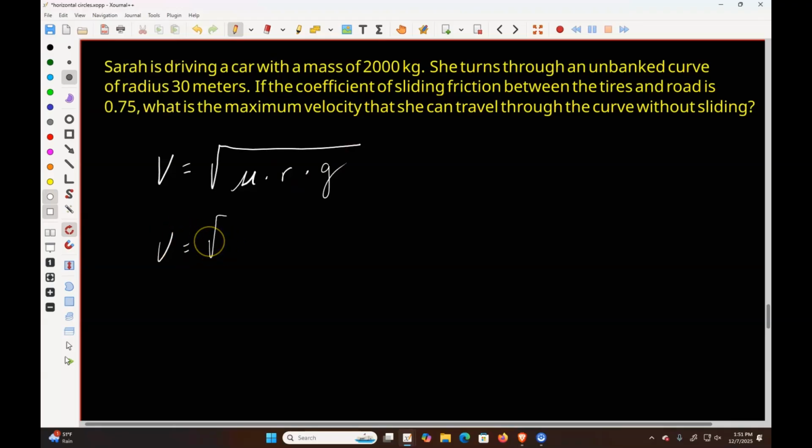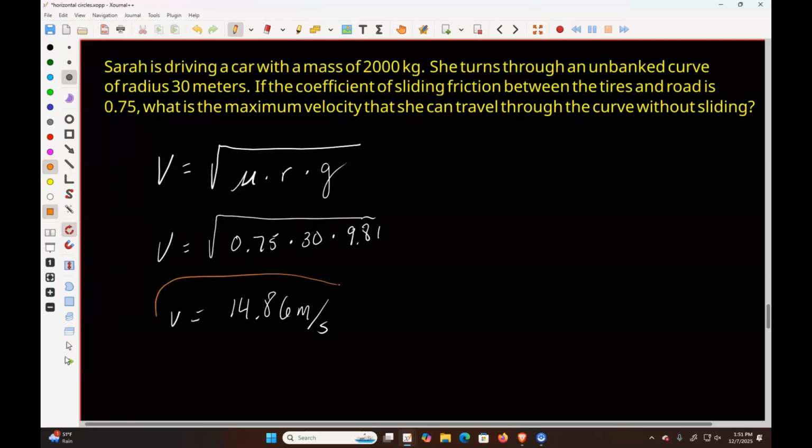So velocity is going to equal 0.75 times the radius, which is 30, times gravity, which is 9.81. Plugging this into your calculator, you'll get 14.86 meters per second. So this will be the maximum velocity that it can travel around this curve before the tires start sliding.